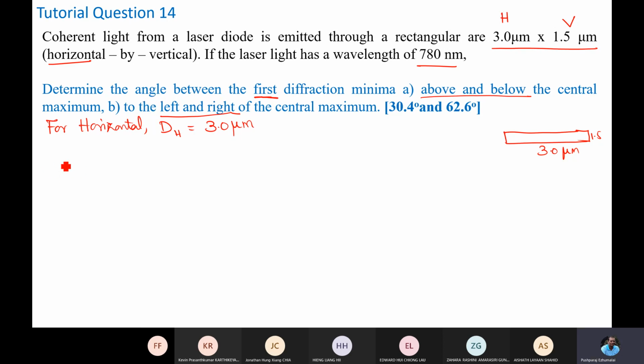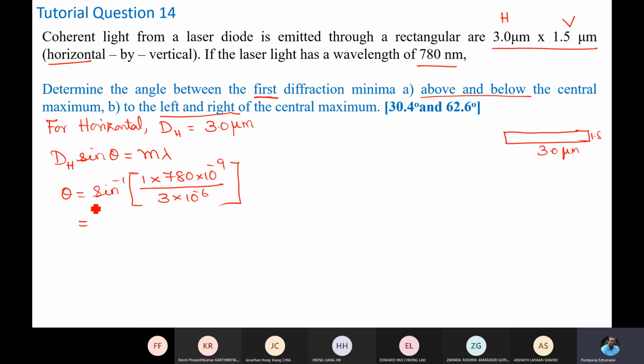Angle is important. So what is the condition for minima? d horizontal sine theta equal to m lambda. First minima means m equals 1. So what is the angle? Theta is equal to sine inverse of 1 multiplied by lambda, 780 nanometer, divided by d horizontal, that is 3 into 10 power minus 6.